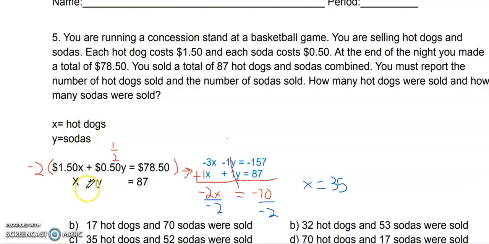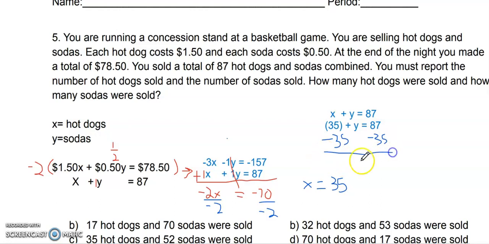And to solve for y, I just need to substitute this 35 into either equation and then solve for y. I'm going to choose the second equation because it has a coefficient of 1 for both variables. Alright, so I have x plus y equals 87. I substitute 35 in for x. And now I just need to solve for y. So I'm going to minus 35 from both sides.